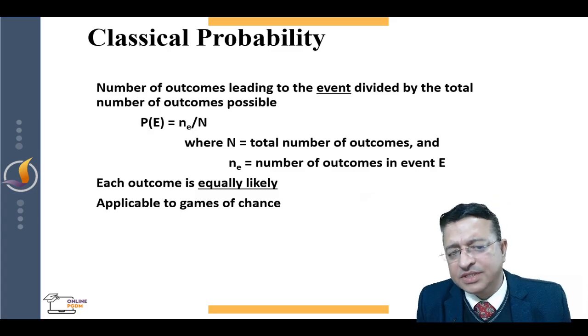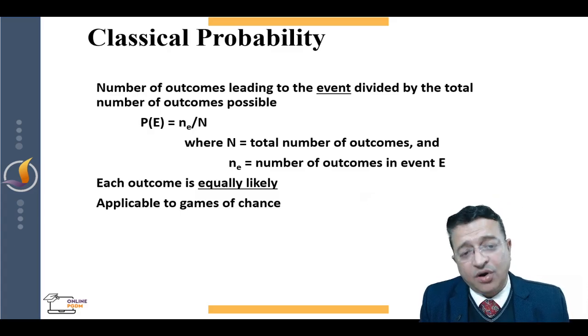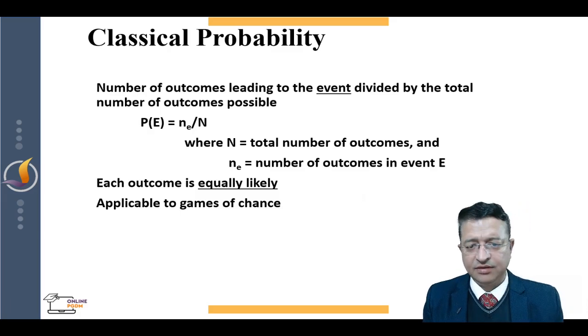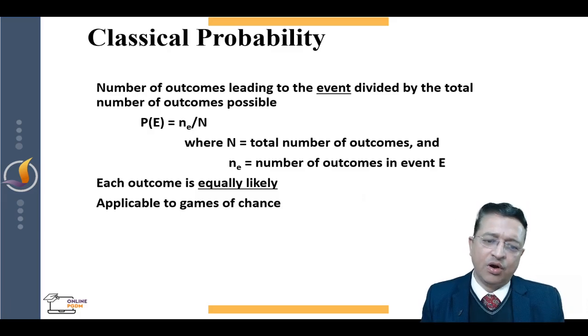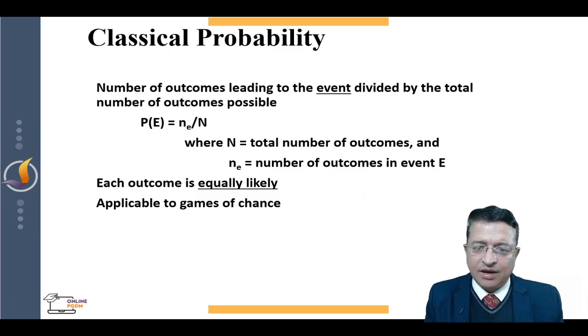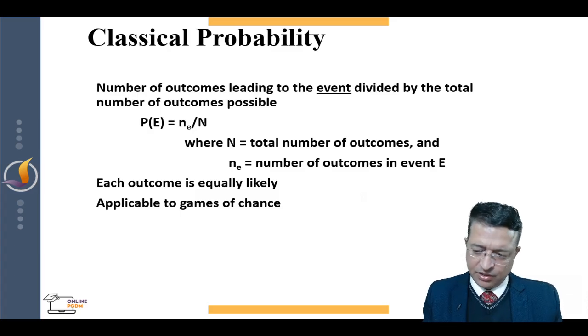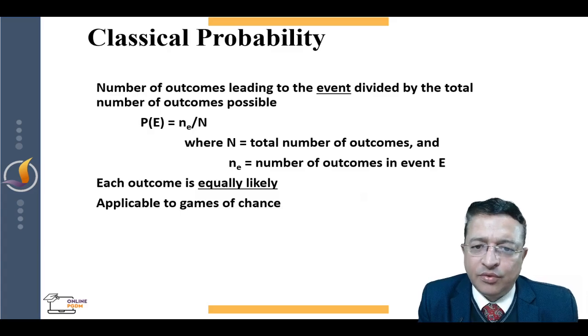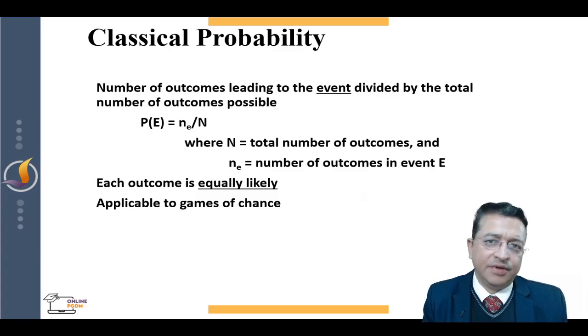For example, you must have seen the toss of a coin. If you toss a coin, all of us know that either head will come or tail will come. So in advance we are aware that there would be two outcomes. For example, we want to know the probability that head will appear.